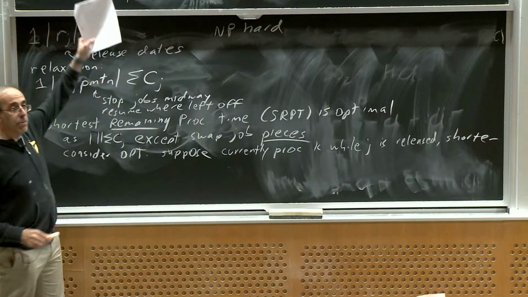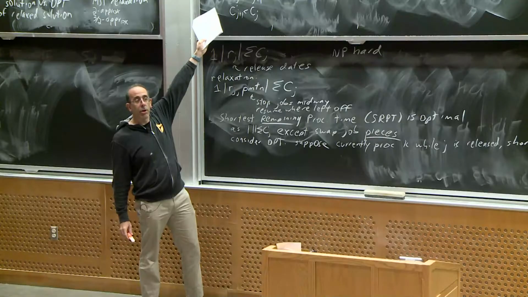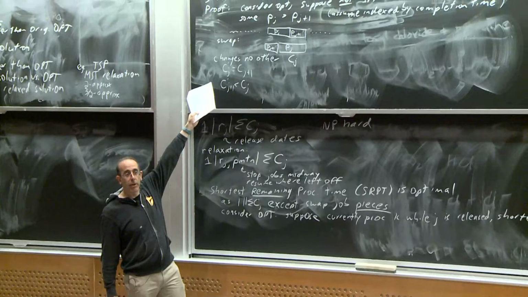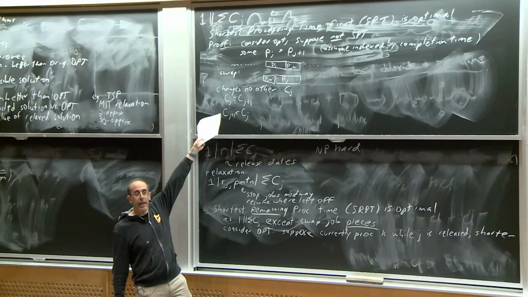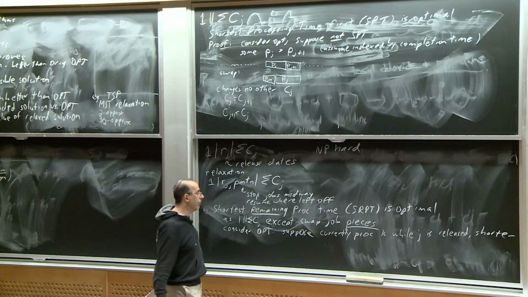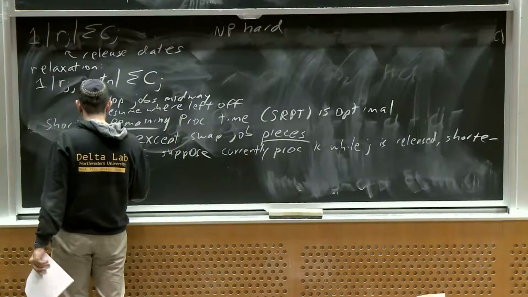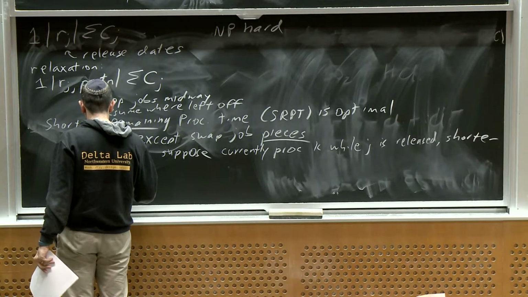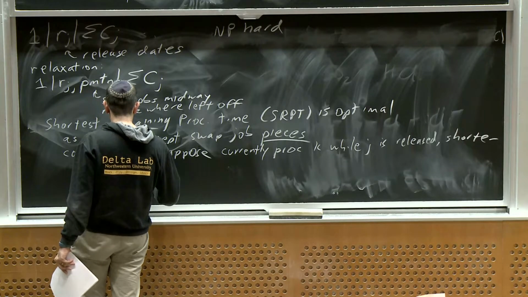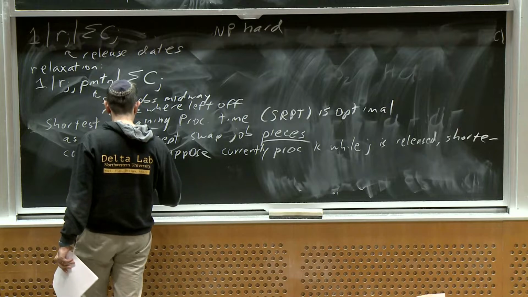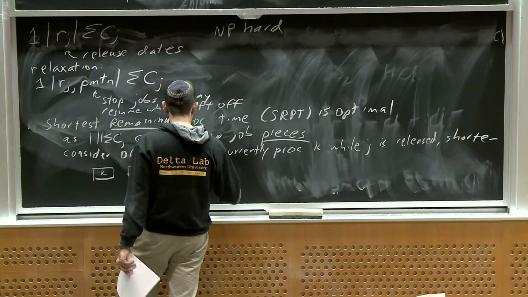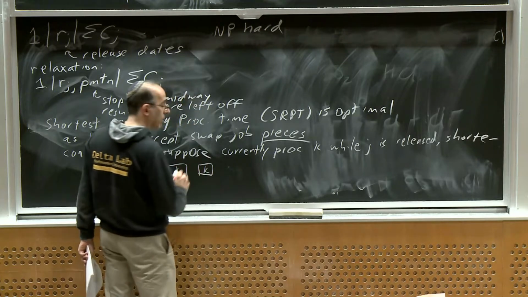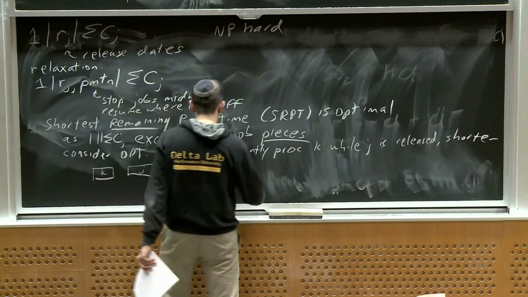And so just as with 1 || sum Cj, we're going to leave all the other jobs alone, and we're just going to think about the processing of job K and job J. We're not going to change the timing of anything else, right? So we're processing job K for a while, and then at some point we stop and process job J, and maybe we stop and go back to K for a while. Maybe we're interrupted with something other than J and K, so we don't even think about it.